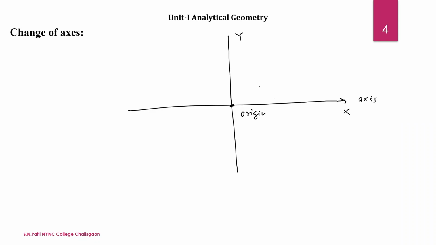So first we discuss the Cartesian form, in which we discuss translation, and then the polar form, in which we discuss the rotation. Let us see what is the change of axis.